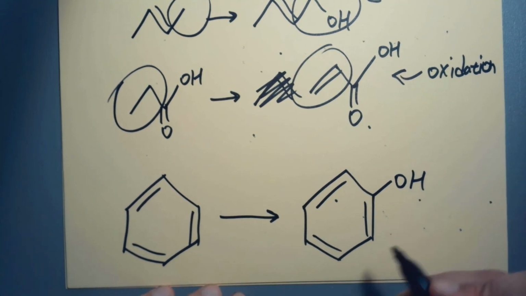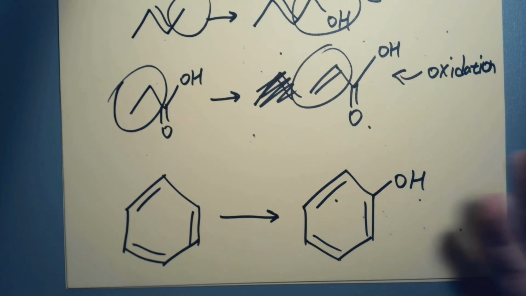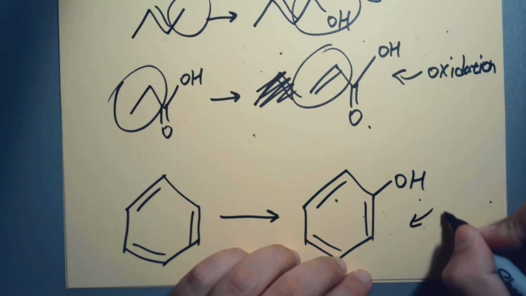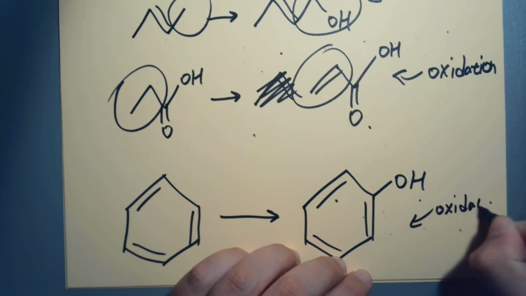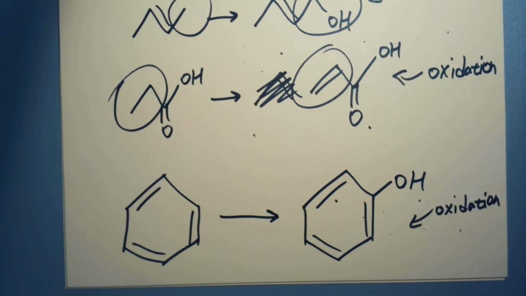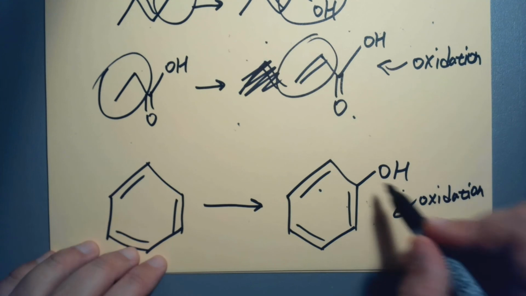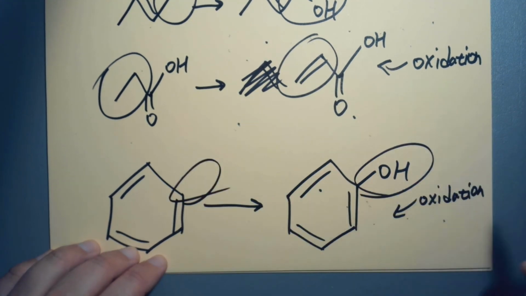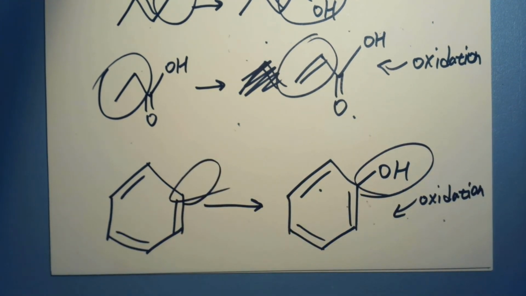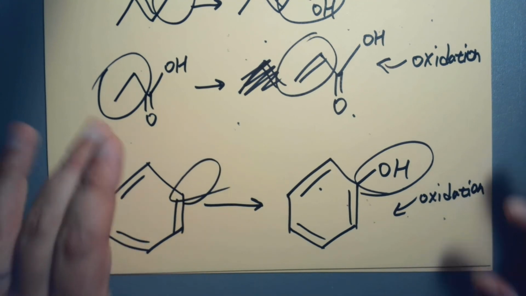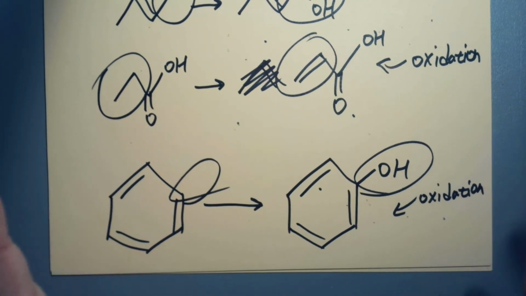It's another oxidation. If it goes the other way, it would be a reduction. So I keep showing oxidation reactions, but whatever. I have a bias tonight. Not a big deal. I'm all about the oxidation apparently. But again, we're just looking for that change. There was nothing there. Now there's a carbon-oxygen bond. I guess technically there's a hydrogen there. Don't get all offended for the hydrogens. I know they exist just because we don't draw them.